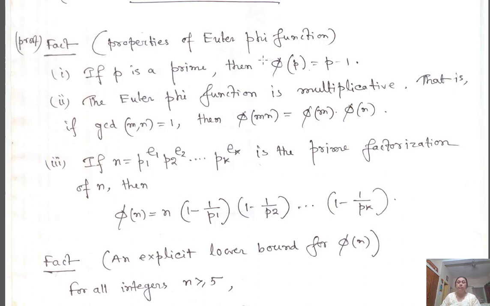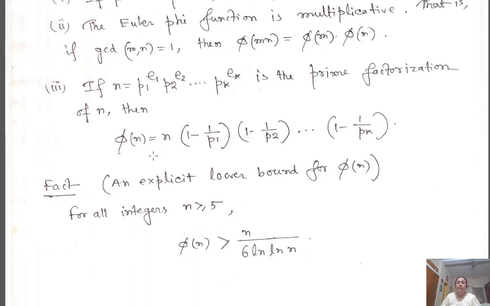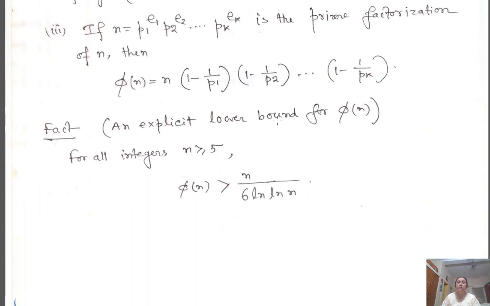We are going to prove these results after a few classes maybe. And also we have an explicit lower bound on phi(n): if n is greater than or equal to 5, then phi(n) is greater than n/(6 ln n).